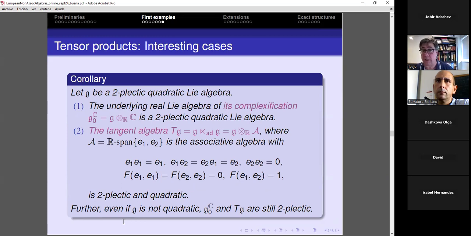But here we have the same thing for the tangent algebra, but we take the adjoint representation. And it can be seen that it is also of this form, right? It's just G tensorized by this associative algebra A given by these brackets. Okay, so for every two-plectic quadratic Lie algebra, both its complexification and its tangent algebra are again two-plectic quadratic. So now we start to enlarge our number of examples.